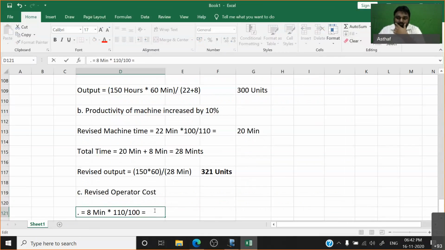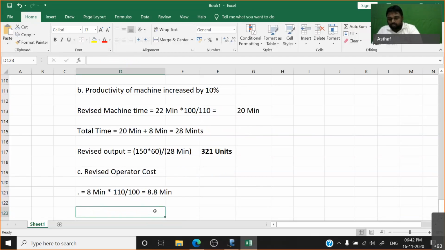What will be the time? 8.8 minutes. So what will be the revised output?